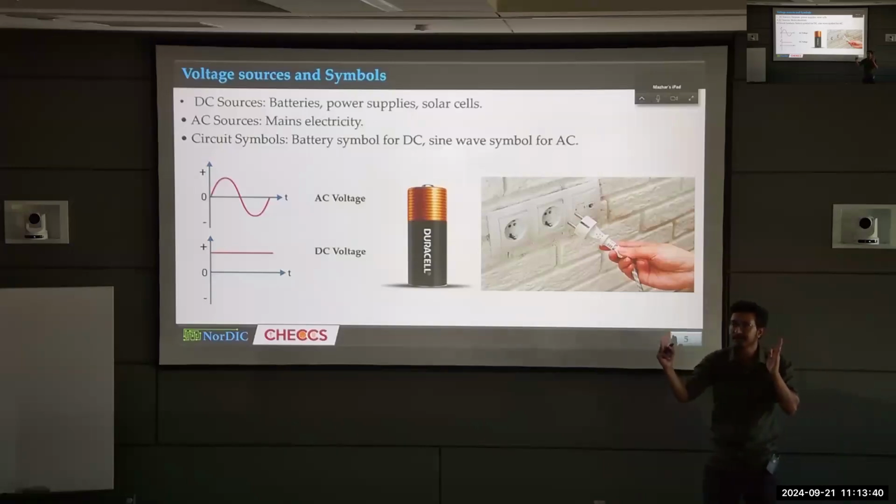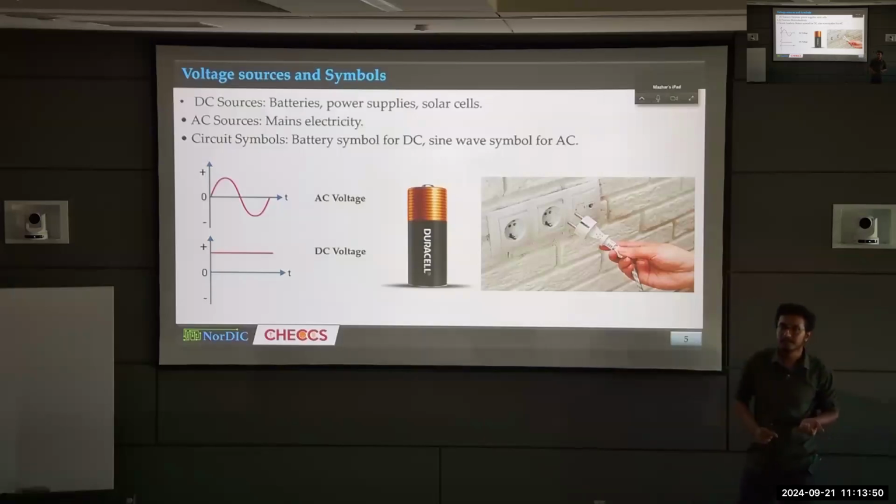This cycle is repeated 60 times in a single second, which we call frequency. So that particular source has a frequency of 60 hertz. That means this alternation happens 60 times. Can you imagine? It's quite high too.